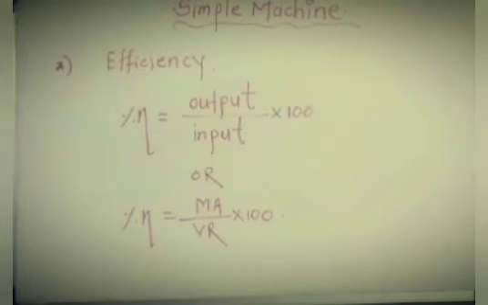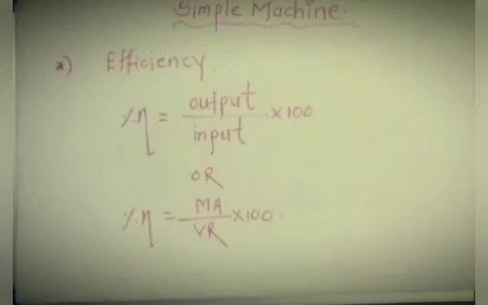If I give an input of 100% and I get an output of 90%, that means that machine's efficiency is 90%. So in general, the efficiency can be calculated as output upon input. Efficiency is denoted by eta. So eta is equal to output upon input. It can be calculated in terms of percentage, so multiplied by 100.